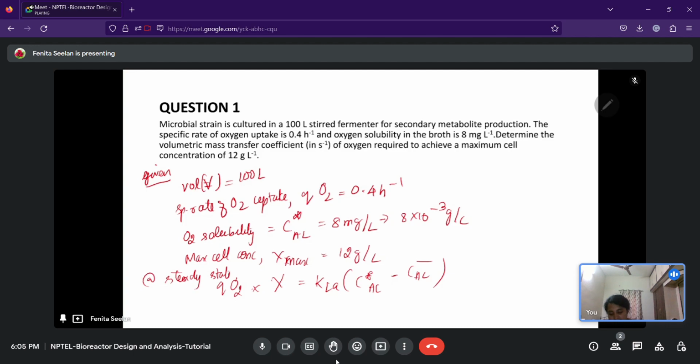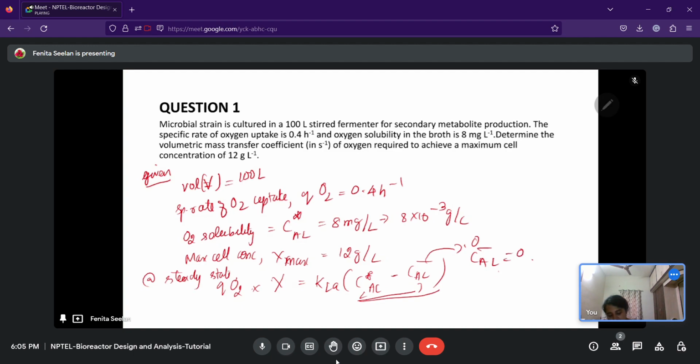For a given bioreactor operation, the maximum rate of oxygen transfer occurs when the concentration difference, the driving force, which is C star AL minus CAL bar, is highest. To keep this difference highest, we have to keep CAL equal to 0.